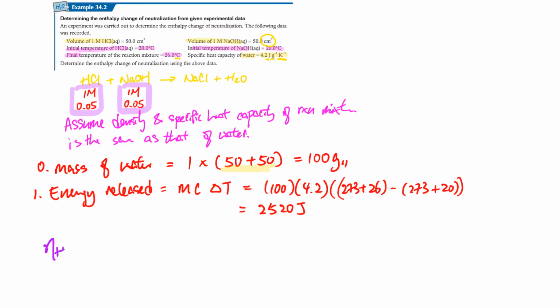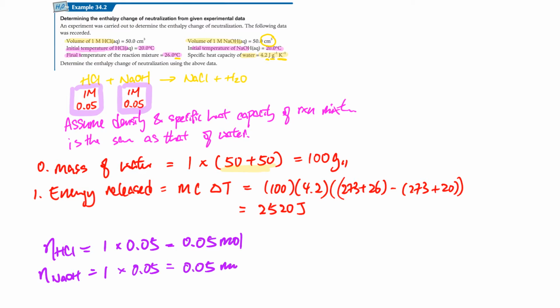So number of mole of HCl will equal mv, that will be 0.05 mole, while the number of mole of NaOH will also equal mv.